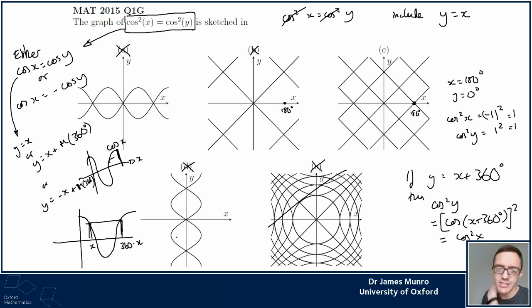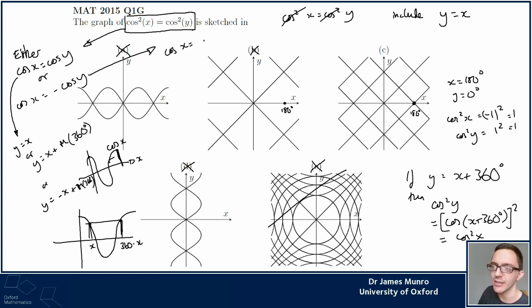Okay, I'm also interested in points with cos y equals minus cos x. What are they going to have? For these ones I could bring the minus sign inside.